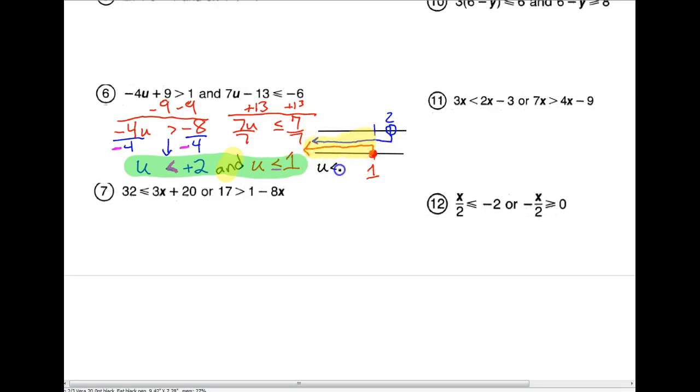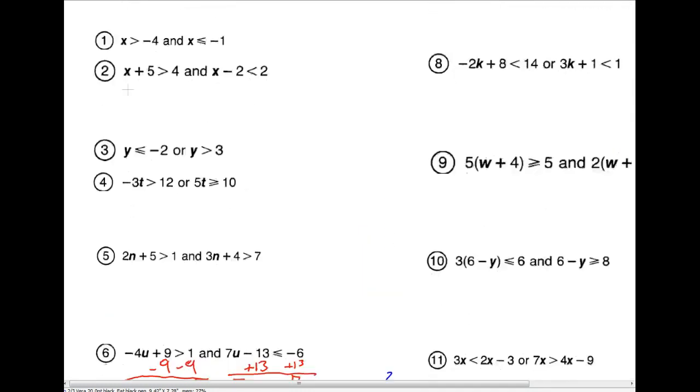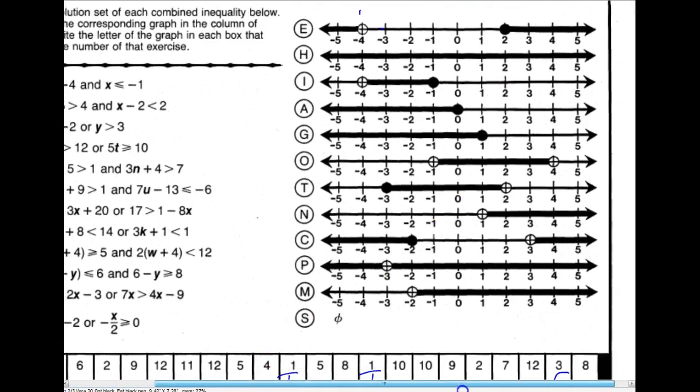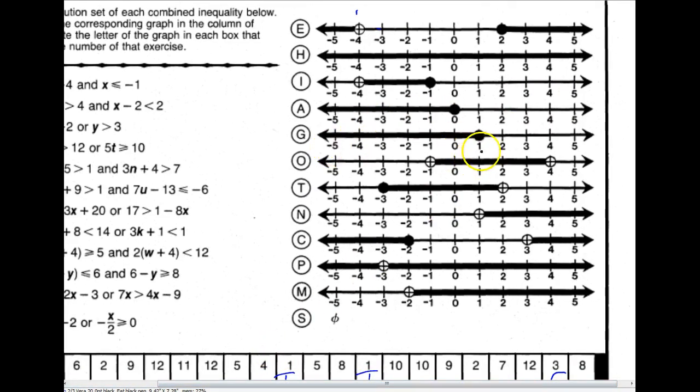So your answer is just u less than or equal to 1. And then you can go back over here and find g, and there it is. We have just that 1 and going to the left. Number 6, we should have g.